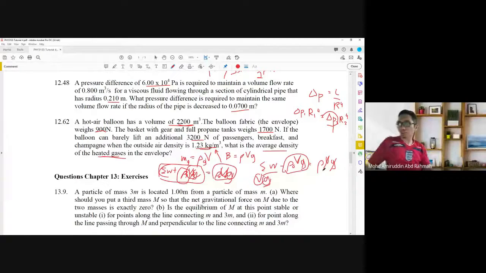So you obtain your rho of the gas: it will be 0.96 kilogram per meter cube. So that's the answer.